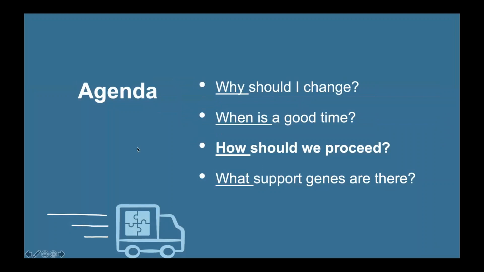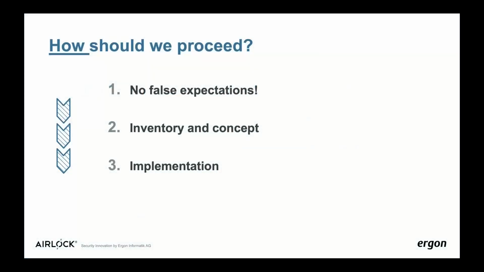So as we have talked about why we should change and when it's a good time to change, we should now look at what the change means and how we proceed with such a change. If we look at how this change is done, it's very important that we have these 3 points in mind. First of all, don't have any false expectations.